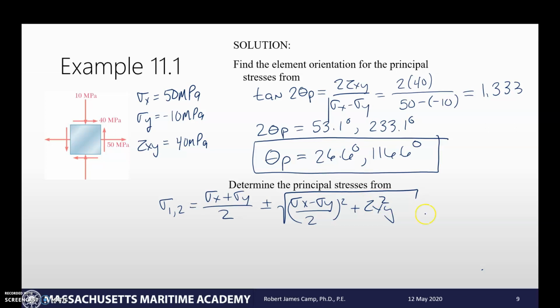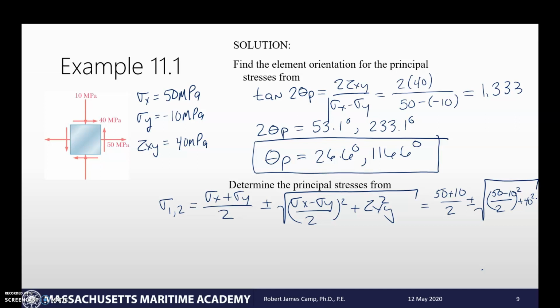They're all going to cancel out. So 50 minus 10 divided by 2 plus or minus, and that's actually 50 minus negative 10. Got to pay attention to the mathematics when you do this one, because that's where it's really easy to screw up, as I just did twice there.